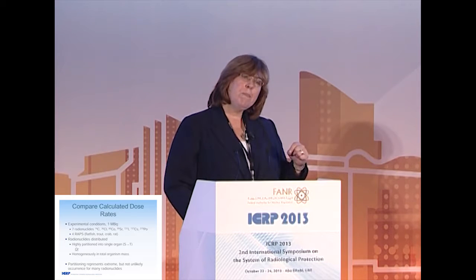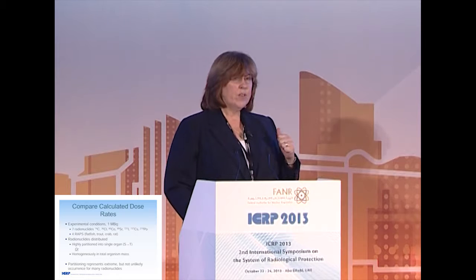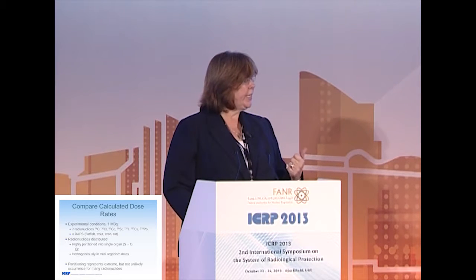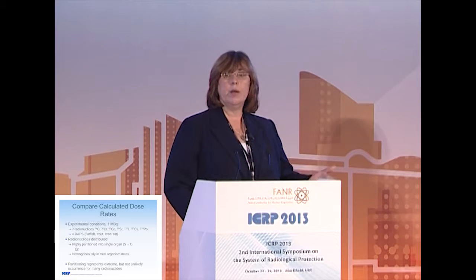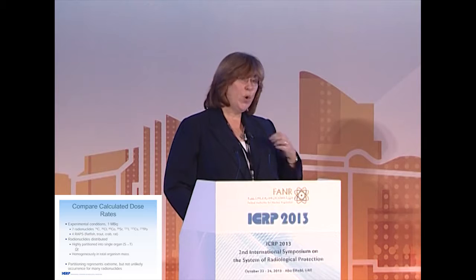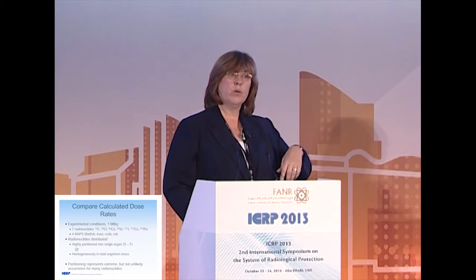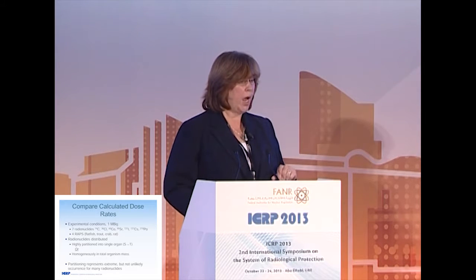So the extreme partitioning of a radionuclide into a single organ is extreme, but it's not unlikely for many radionuclides. For example, you think of iodine-131. In the human body, a large portion of that radionuclide goes into a very, very small organ. The rest distributes sort of uniformly, but about 30% can go into the thyroid, resulting in a very, very high dose.